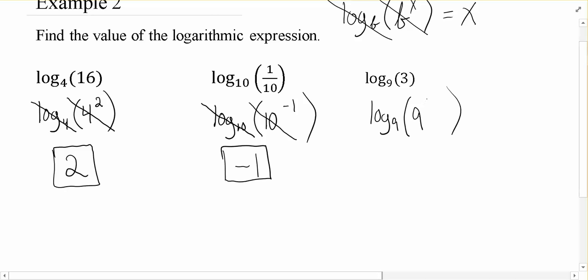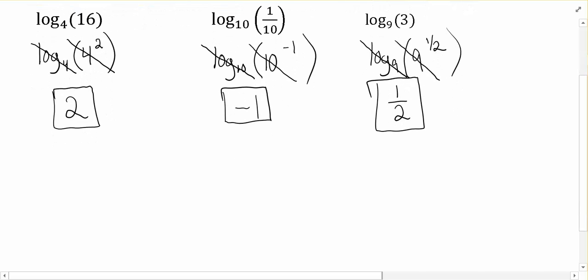So how do I write square root as a power? The 1/2 power. So the square root of 9 really would give me 3. This is a valid way of rewriting 3 as 9 to the 1/2 power, at which point our log base 9 and our 9 to a power undo one another, leaving us with just 1/2.